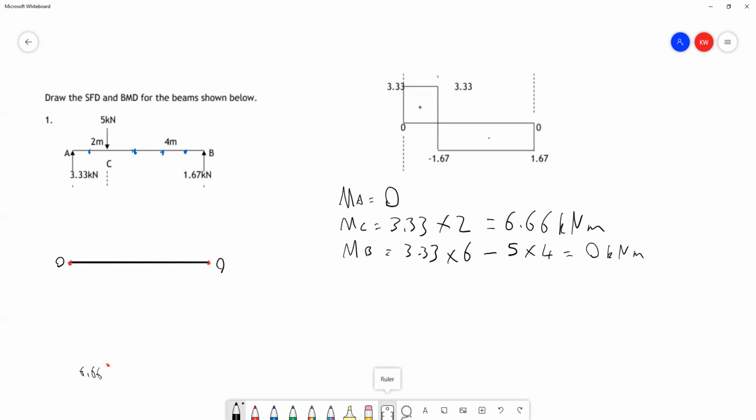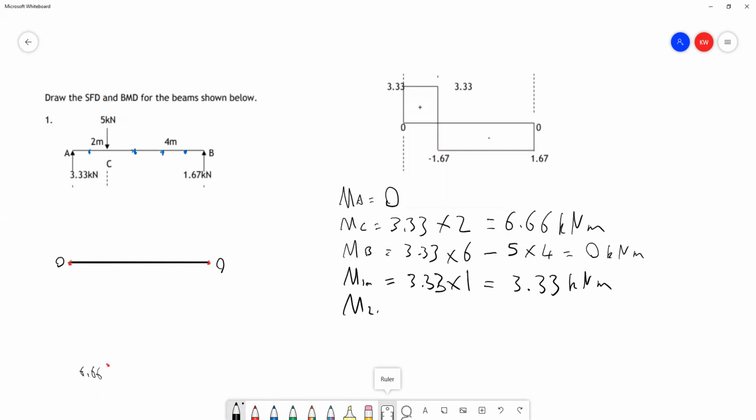So this first point, the first of our blue points working from left to right, let's work out what the moment is there. So M1 meter is just going to be 3.33 times 1. There's one force to consider, it's 1 meter away from this point, so it's 3.33 times 1, and that just gives us 3.33 kilonewton meters.